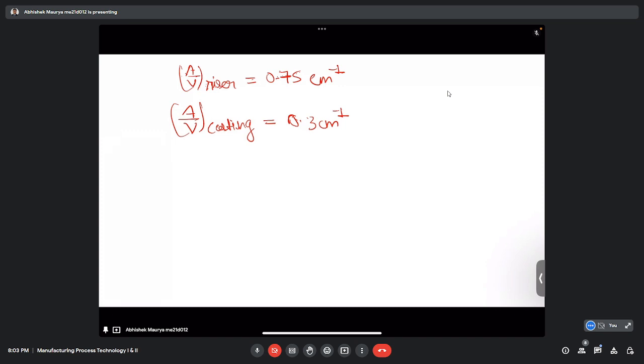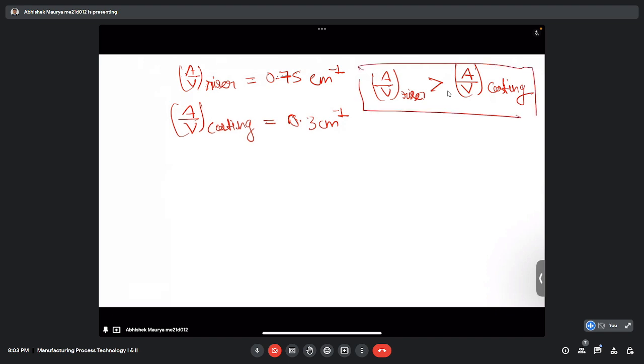So we can say A by V of riser is greater than A by V of casting. If this is the case, then what will happen?